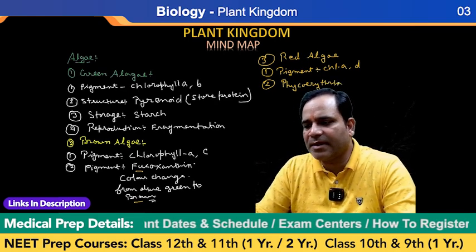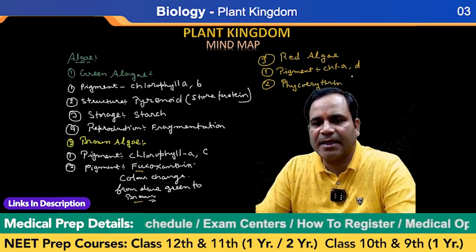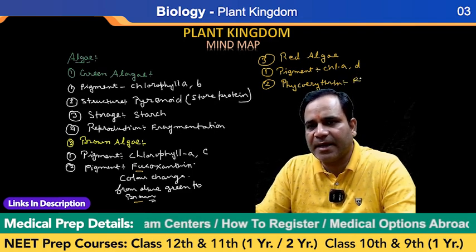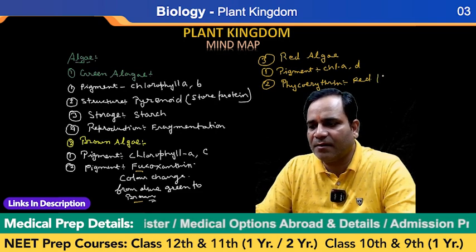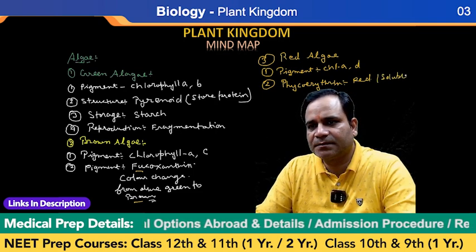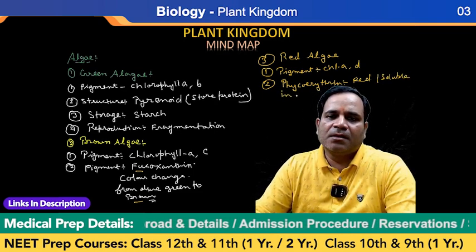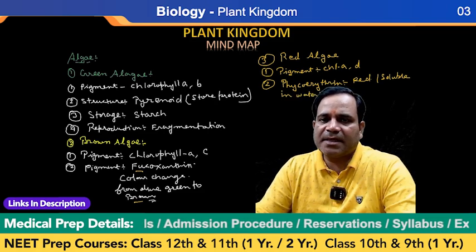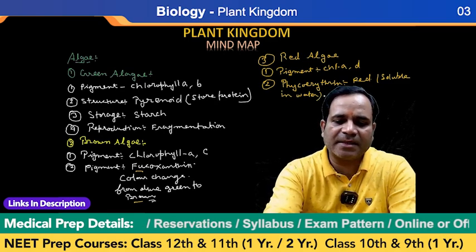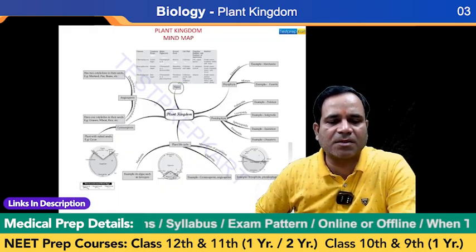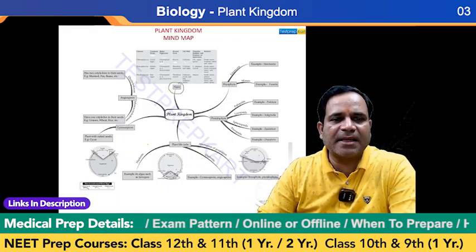This phycoerythrin is red in color and soluble in water. This is given in your mind map also. Clear? So the algae term is clear.